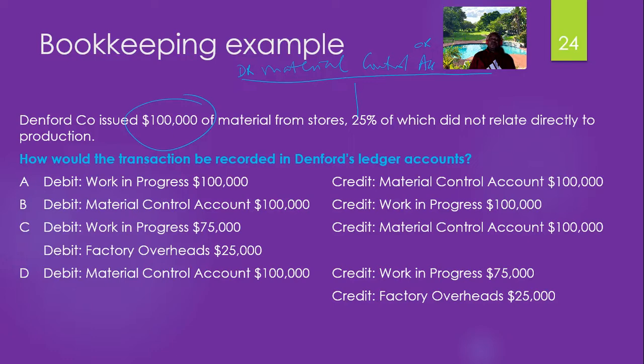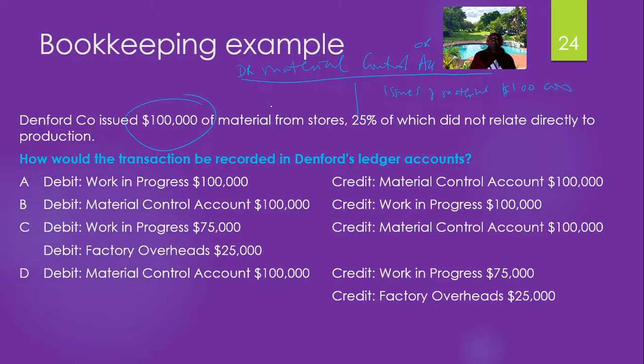So we are going to have issues of materials, 100,000. In terms of issues, all the items with 100,000 left the stores. So in terms of the credit side, there were issues which have been made, issues of material from the warehouse or from the stores.